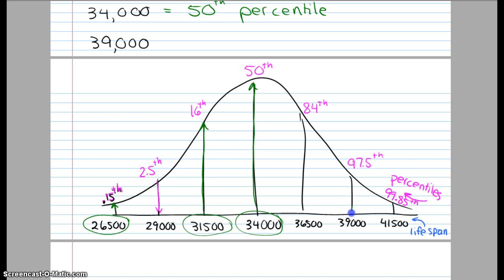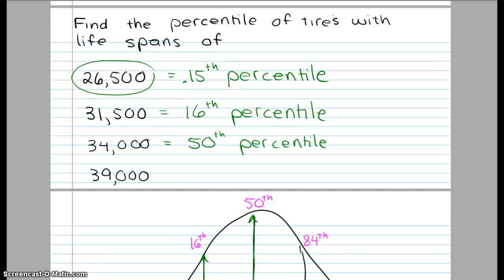And the 39,000 lifespan is the 97.5th percentile.